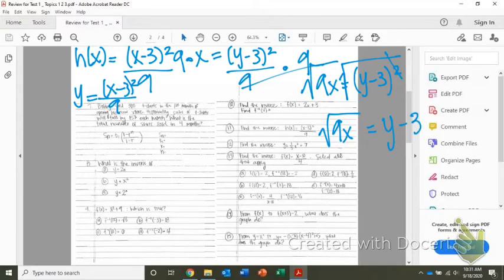Now, the square root of 9x is the same thing as the square root of 9 times the square root of x equals y minus 3. What's the square root of 9? 3. Can you simplify the square root of x? Nope.